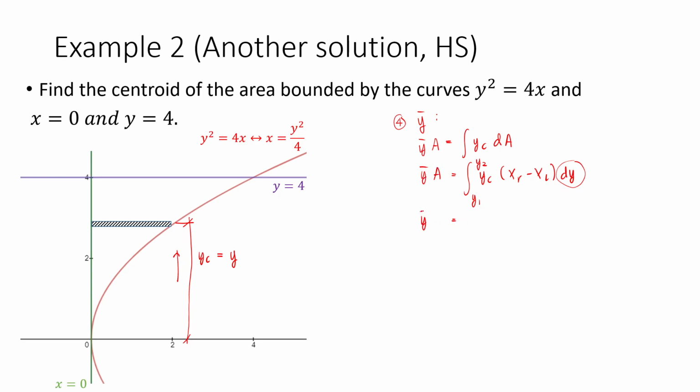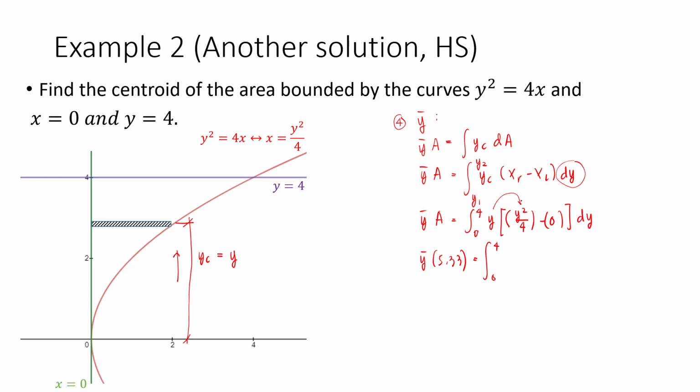So this becomes, from 0 to 4, times y, and then x right is again y squared over 4 minus 0 dy. So we're going to have bar y times 5.33, then integral from 0 to 4.